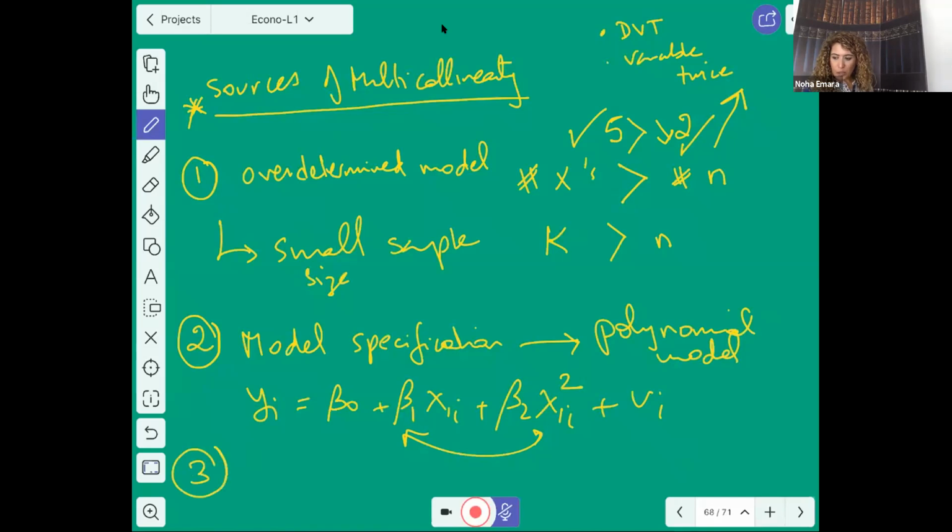Source 3 is the limited range of observations, which concerns the data collection method.